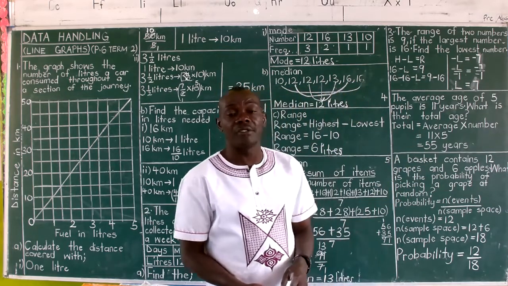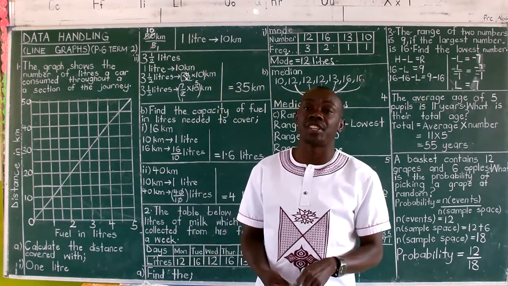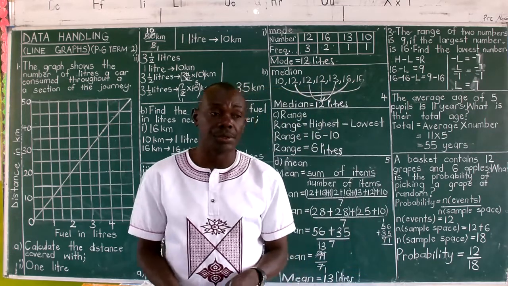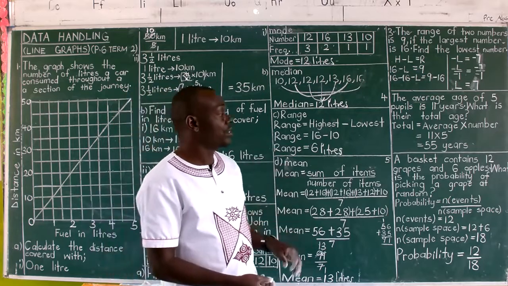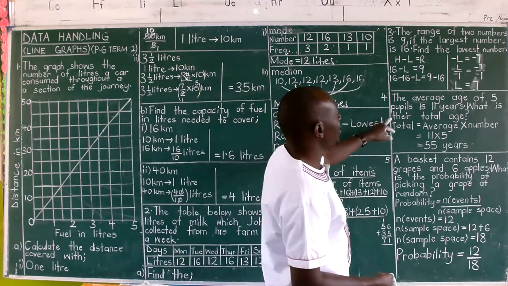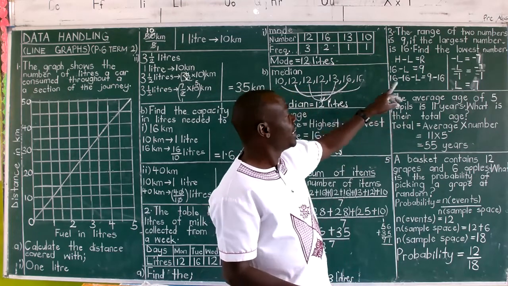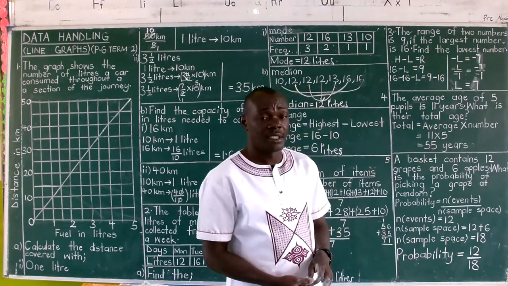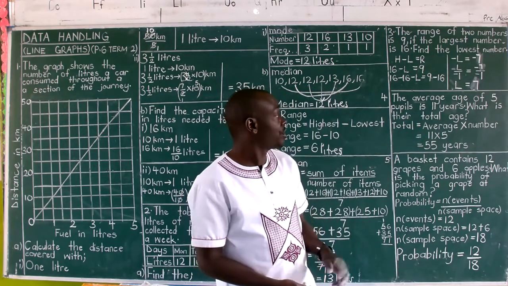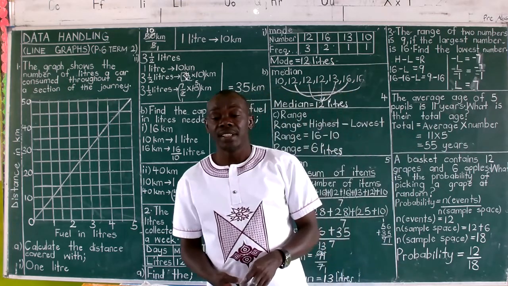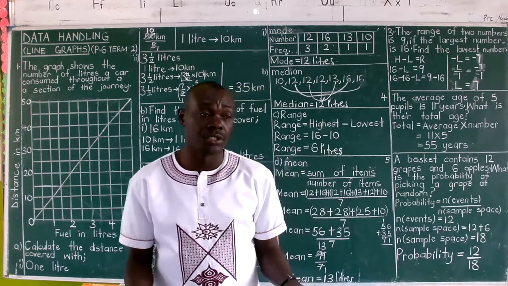Like I said, average is an assumption of equal share, although it is not true. So you must know it assumes equal share. It says, assuming each of the 5 pupils is 11 years, find the total age. That's an assumption, meaning it's not true.